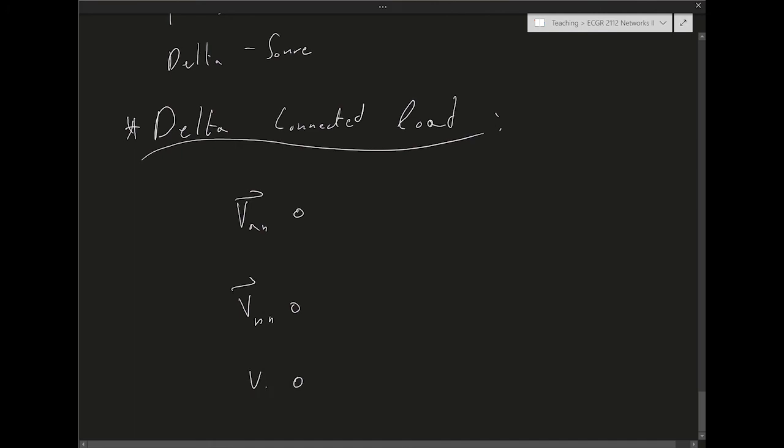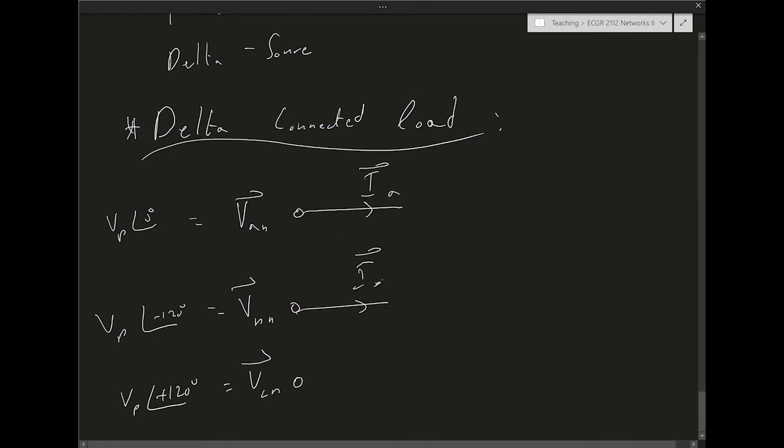VBN, VCN, right? And this is equal to VP, 0 degrees. This is equal to V phase minus 120 degrees. This is equal to V phase plus 120 degrees. Okay, and this goes now into our load, IA, IB, and then IC. But this time around, our load is a delta connected load.